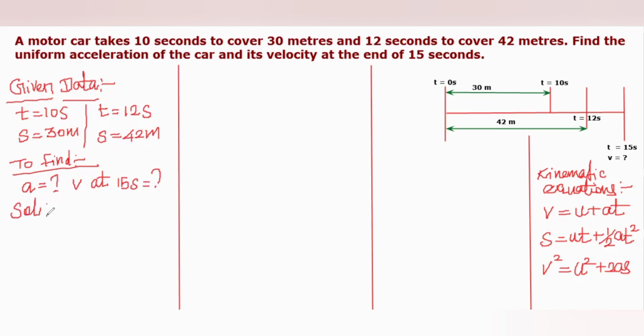Go to the solution. Here first we are going to calculate the acceleration. Among these three equations, distance and time we know, and we have to calculate the acceleration. So it's better to use the second equation, because for the first equation we don't know the values of v and u.